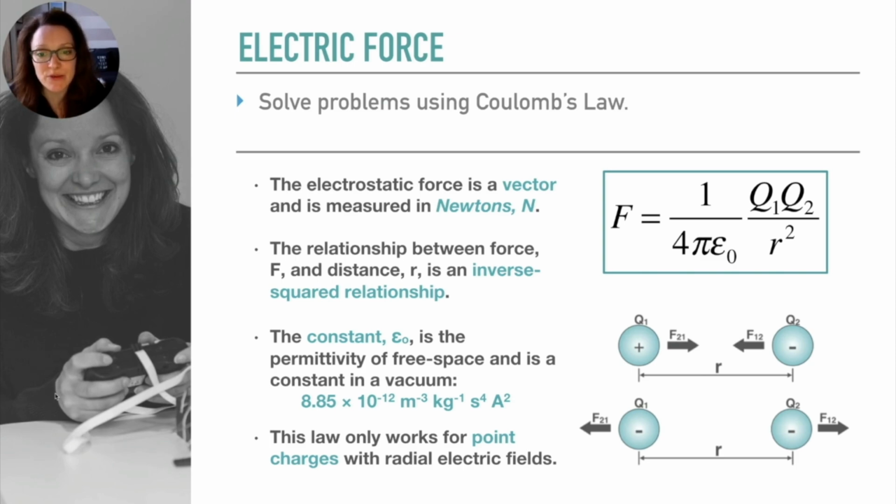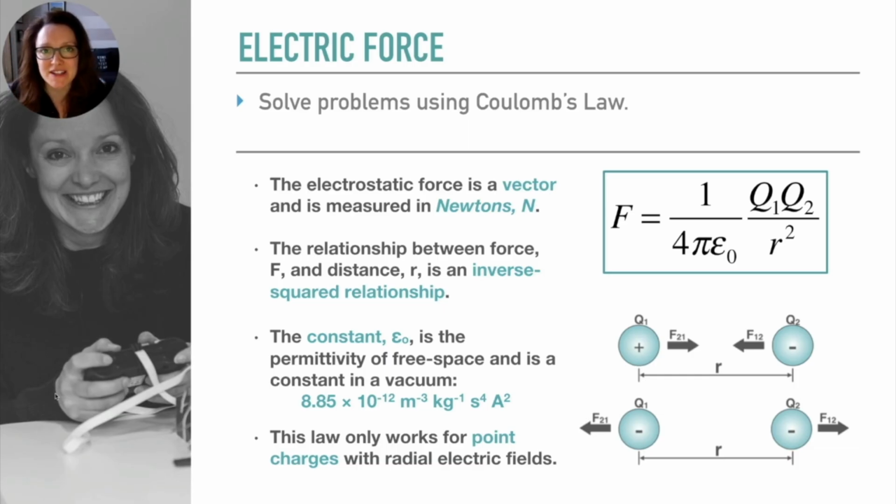The relationship between the force and the distance is an inverse square relationship. As you get further away from the charge, the force decreases. The further away you are, the smaller the force is, and it has a relationship of 1 over r squared, so an inverse squared relationship.